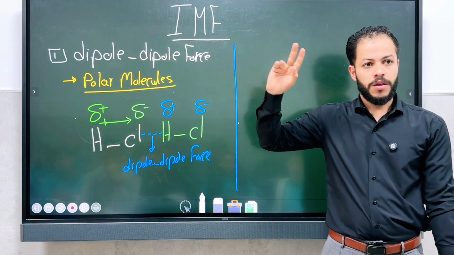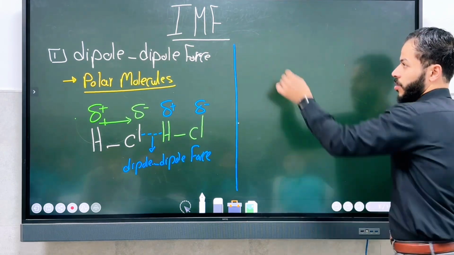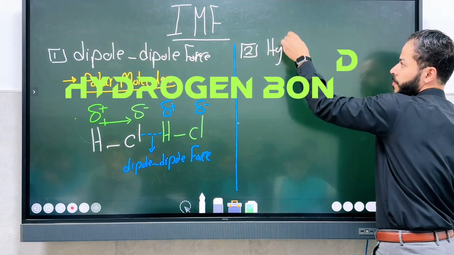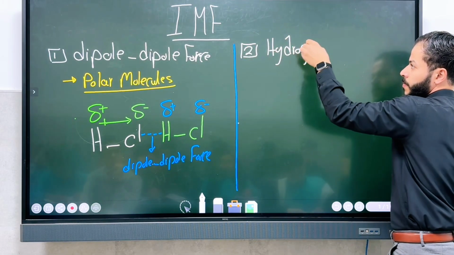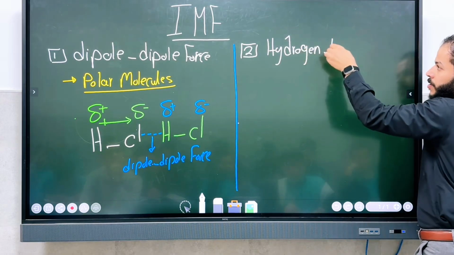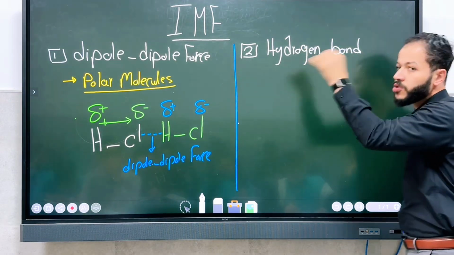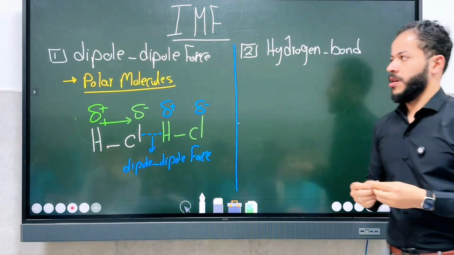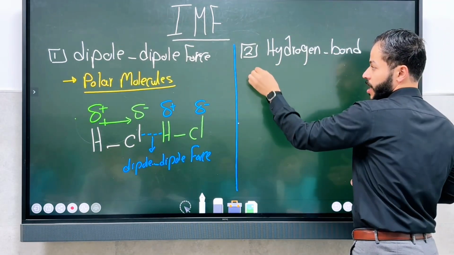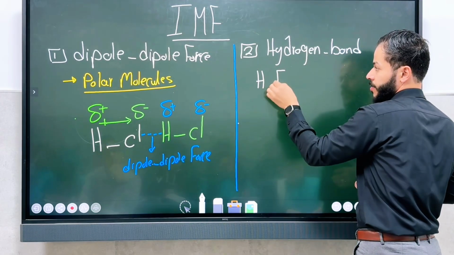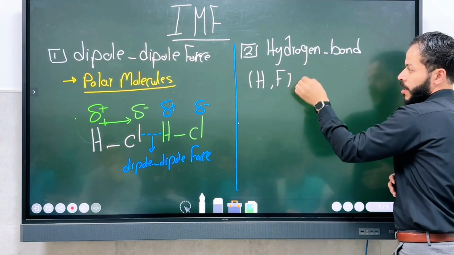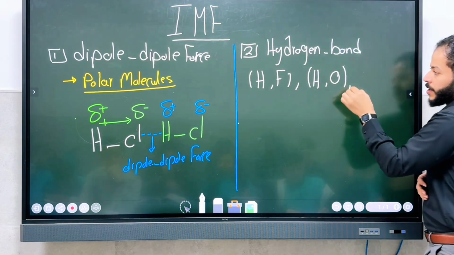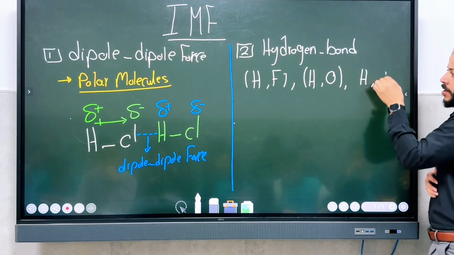The second type of intermolecular force is called the hydrogen bond. From its name, you could estimate that it happens between hydrogen and a specific type of atom. Hydrogen and fluorine, hydrogen and oxygen, and finally hydrogen and nitrogen.